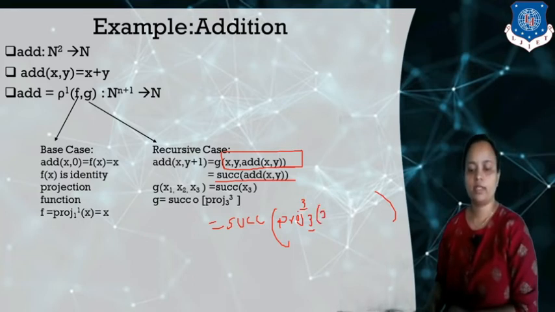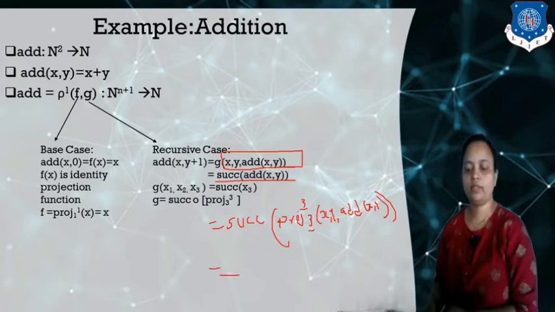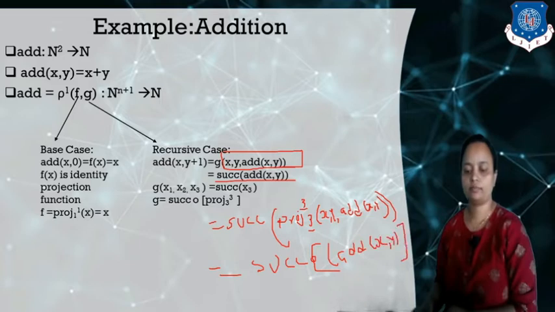So x, y and the third value is add(x, y). So what will be written? Successor composition with the three-parameter projection: it takes three arguments and returns the third argument, where add(x, y) is applied. Same, this is the same.